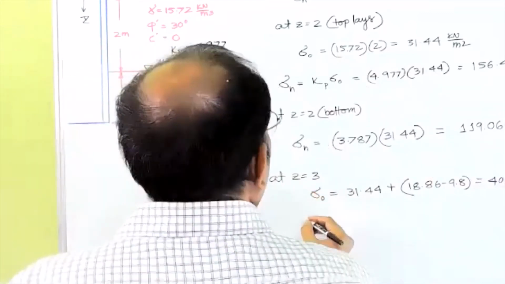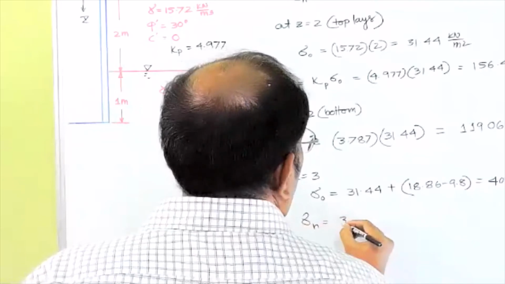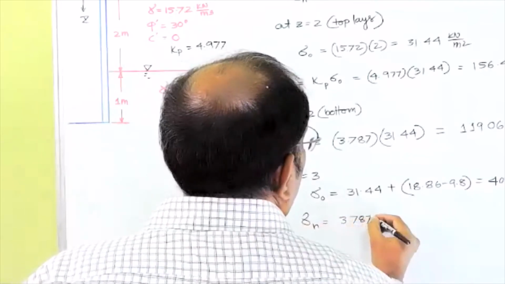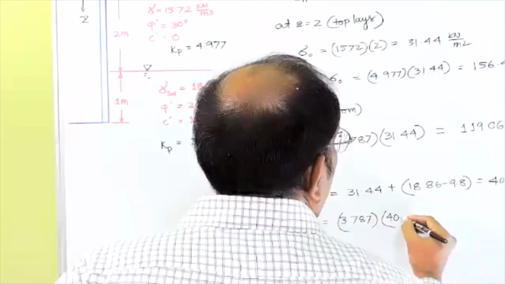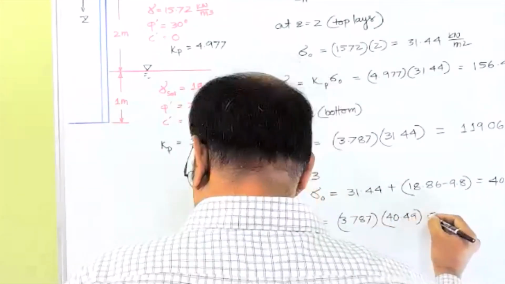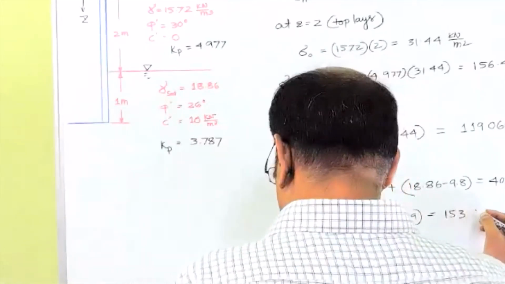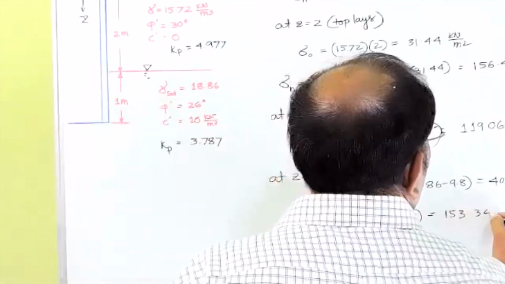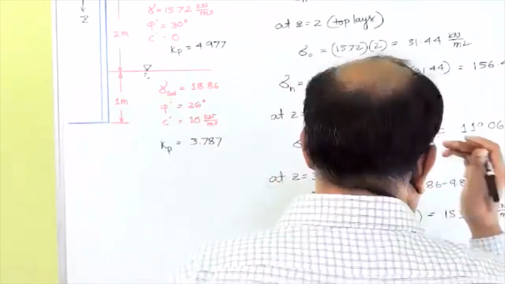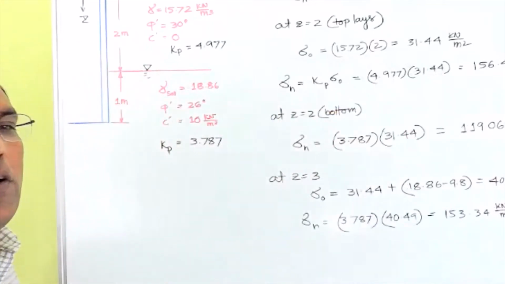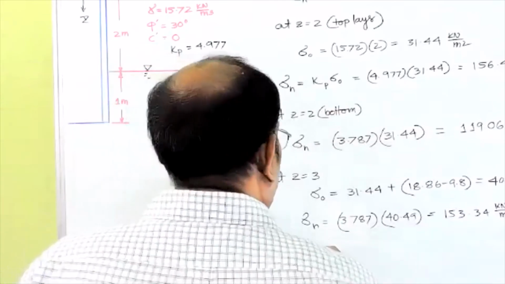So your sigma h would be 3.787 multiplied by your sigma naught, 40.49. So that's actually 153.34 kilonewton per meter square. And once again, you know your pore water pressure is actually 9.81, right?